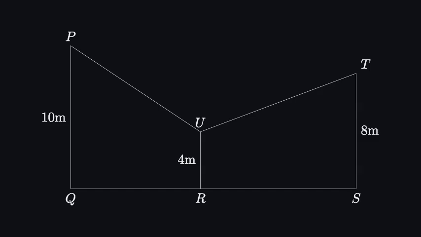Since U is not on the ground, it is helpful to draw a horizontal line. UR equals 4 meters.